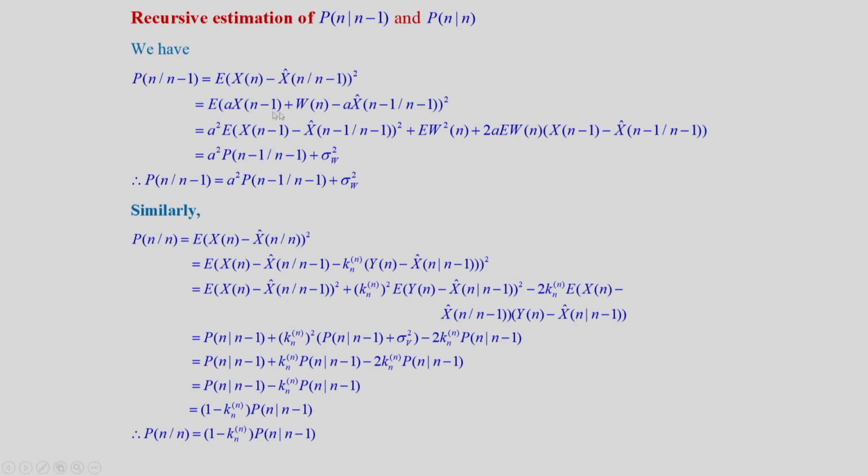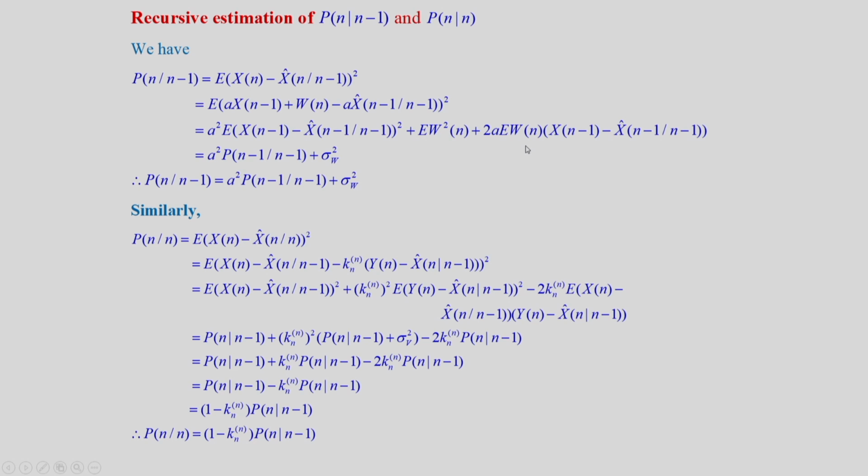Now, this first term is the mean square estimation error at instant n minus 1. Therefore, this is P of n minus 1 given n minus 1, and E of w square n is equal to sigma w square.